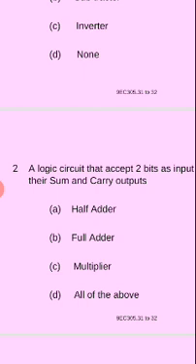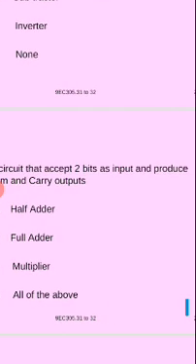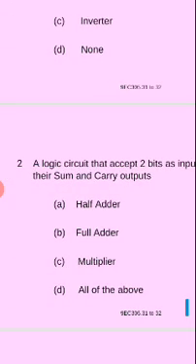Second quiz. A logic circuit that accepts 2 bits as input and produces their sum and carry outputs. Which is suitable?